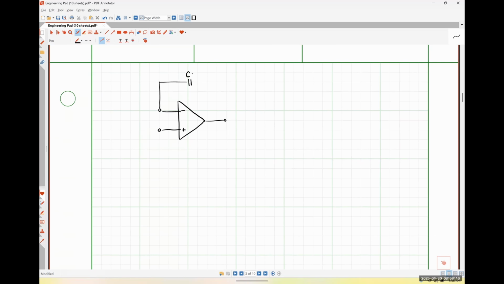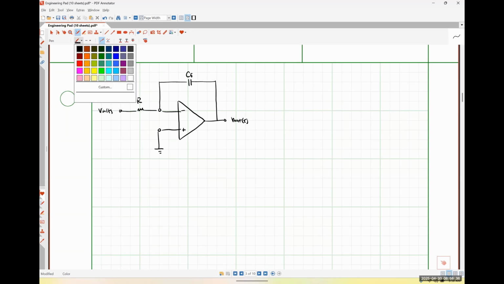So I have some feedback capacitance here, CF. Here's my output voltage. Here's my resistance R. Here's my input voltage. And I'm going to ground this node.